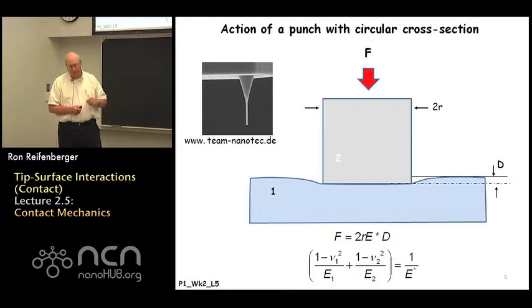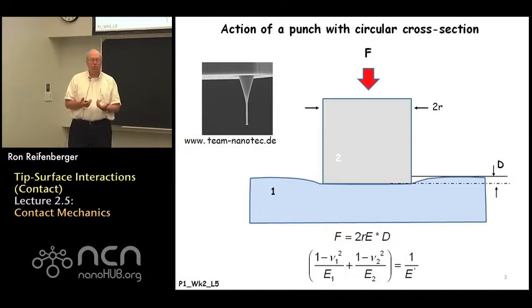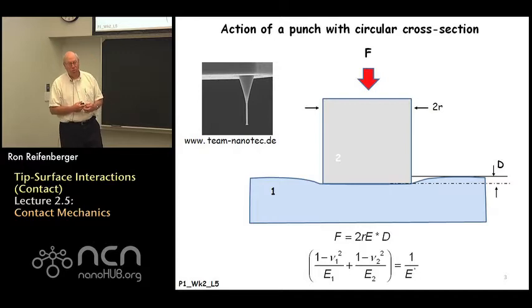Perhaps another model that could be considered is what happens when you have a circular cylinder that's pushed into a substrate with a force F. Well, if the diameter of that cylinder is 2r, and the Young's modulus of the cylinder is E2, the Young's modulus of the slab is E1, there's also a Poisson ratio for the slab and the cylinder, nu1 and nu2.